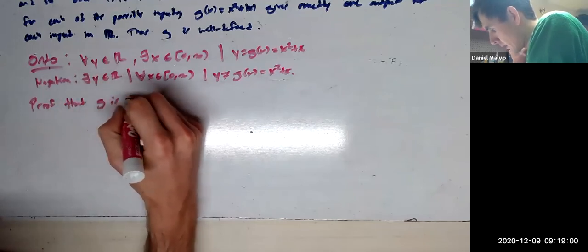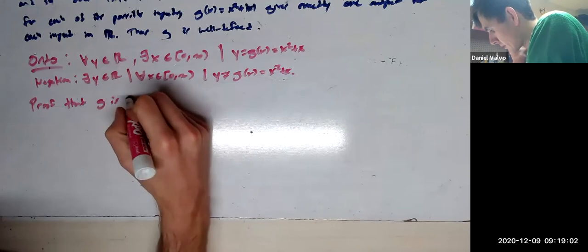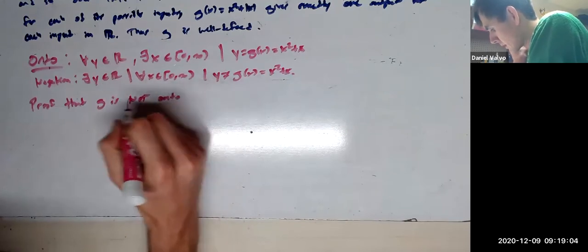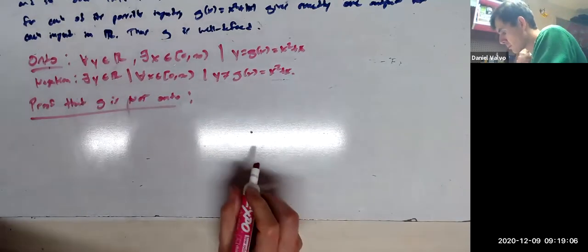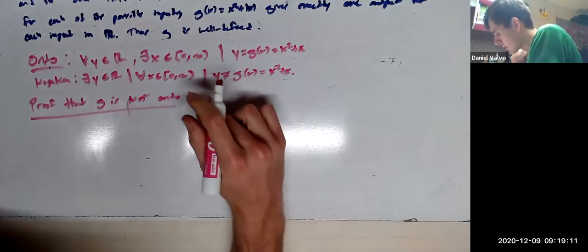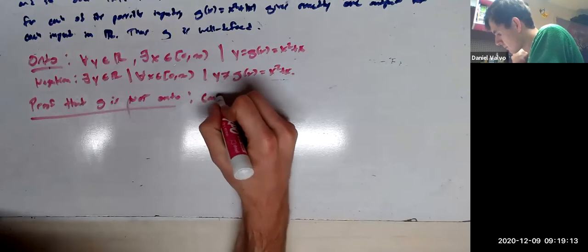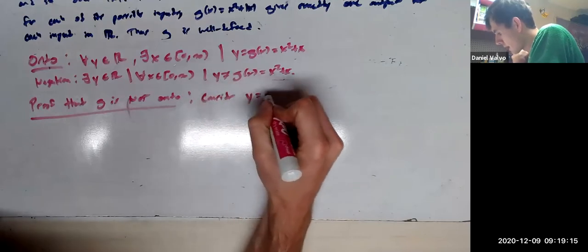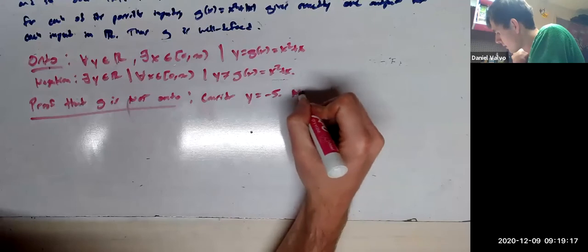that g is not onto, not surjective. Proof. Let's consider y equal -5.